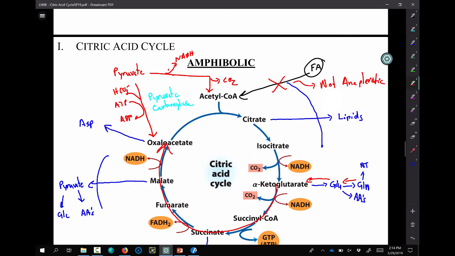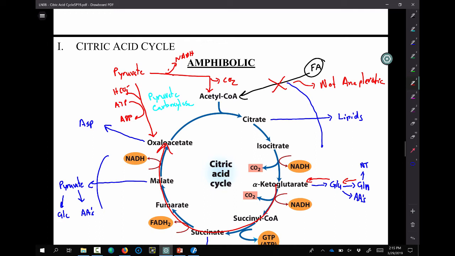Question? So even though fatty acids are being broken down into acetyl-CoA, and acetyl-CoA goes and activates pyruvate carboxylase, we're not increasing oxaloacetate? So that could happen, right? If you break down fatty acids and increase acetyl-CoA, that then activates pyruvate carboxylase, and that can lead to increased production of oxaloacetate.